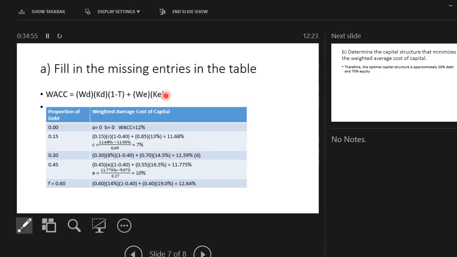Remember, you no longer need to apply the tax because equity is not affected by tax. That's why we are not applying the tax portion here. So weight multiplied by KD multiplied by 1 minus T, plus weight of equity multiplied by the cost of equity.